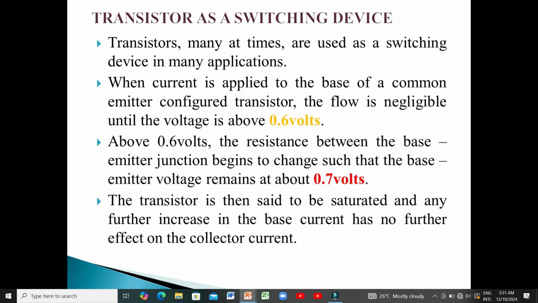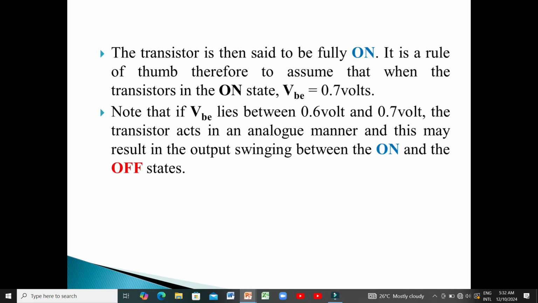Above 0.6 volts, the resistance between the base and the emitter junction begins to change, such that the base emitter voltage remains at most at 0.7 volts. The transistor is then said to be saturated, and any further increase in the base current has no further effect on the collector current. The transistor is then said to be fully on.